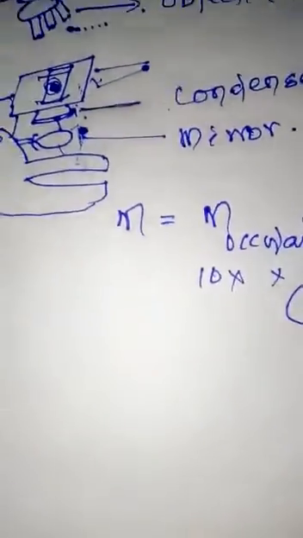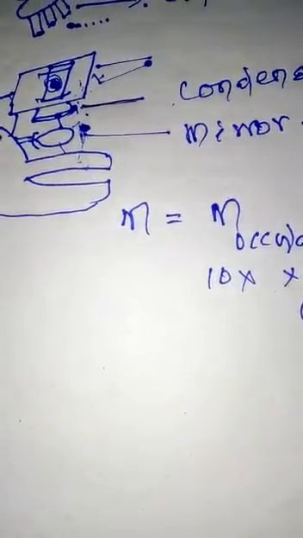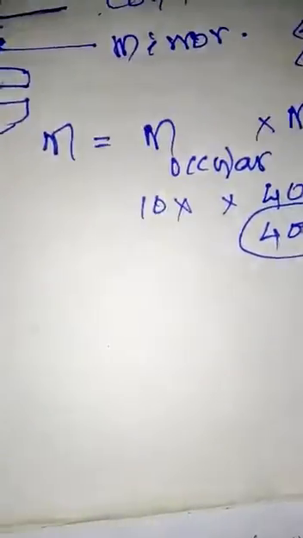And in the case of a compound microscope, numerical aperture is n sin theta. Yesterday I explained numerical aperture, which is essential for image formation.